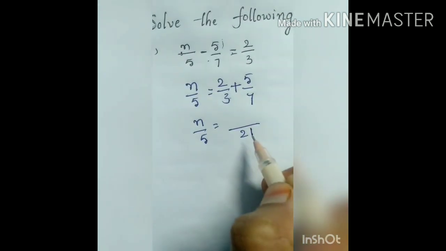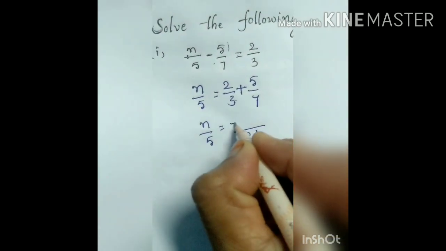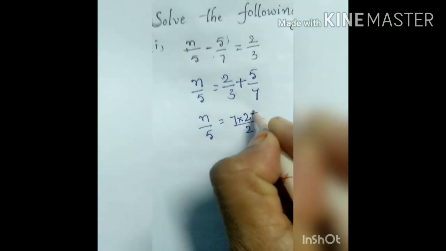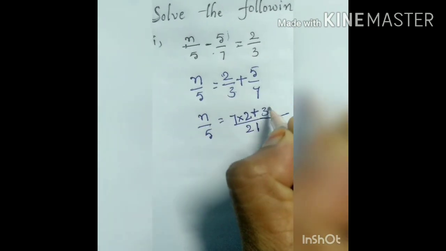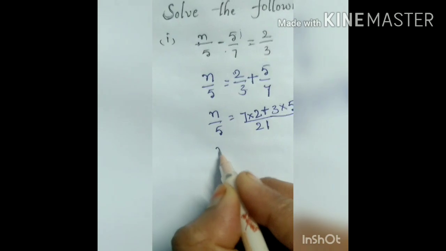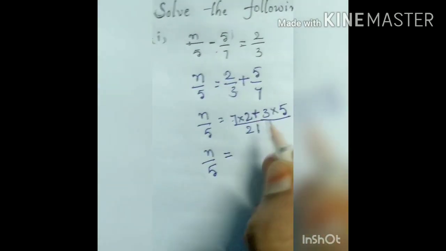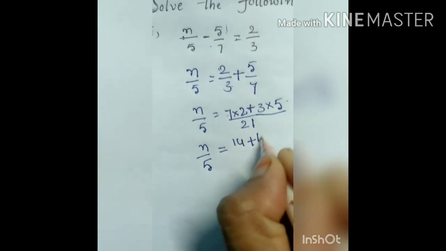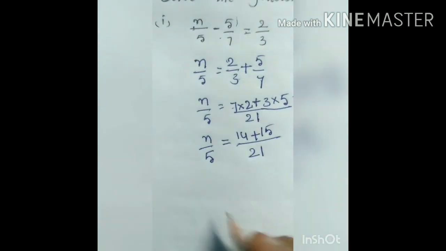How many times does 7 go into 21? 7 times, so 7 into 2. How many times does 3 go into 21? 7 times... 3 into 5, divided by 21. So n by 5 equals 7 twos are 14 plus 3 fives are 15, by 21.